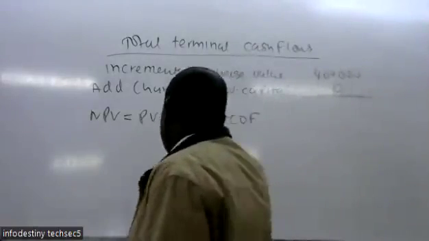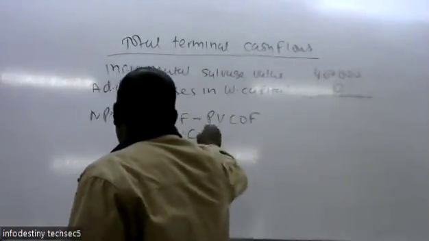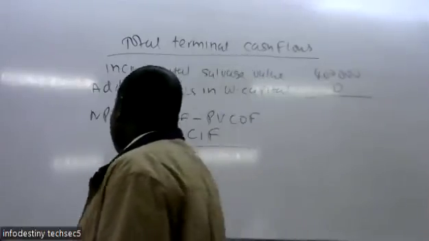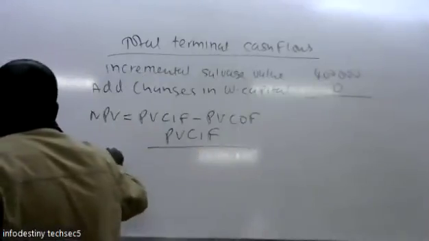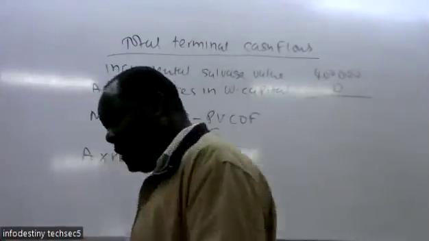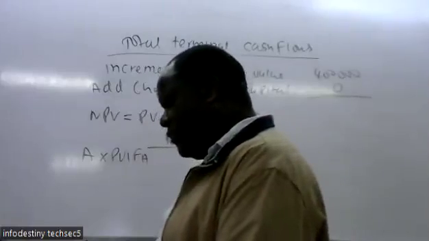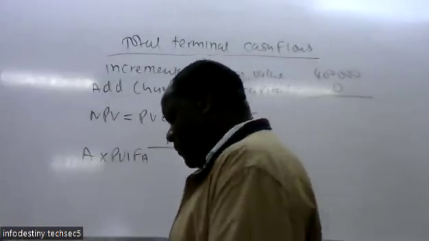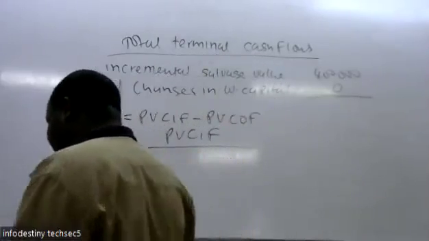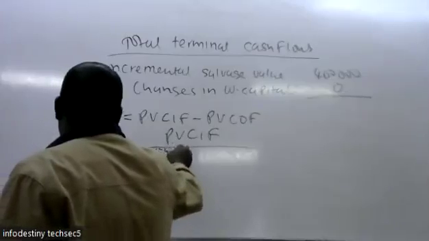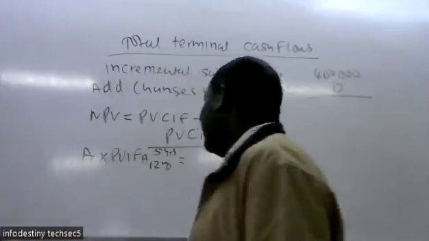So we start off with present value for the cash inflows. It will be annuity multiplied by the present value interest factor for the annuity. The cost of capital was given as 12%, for the 5 years.